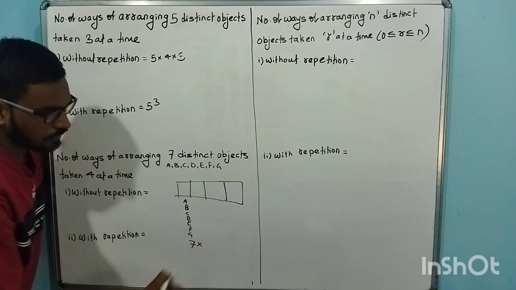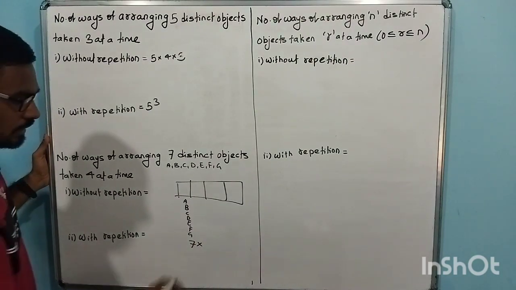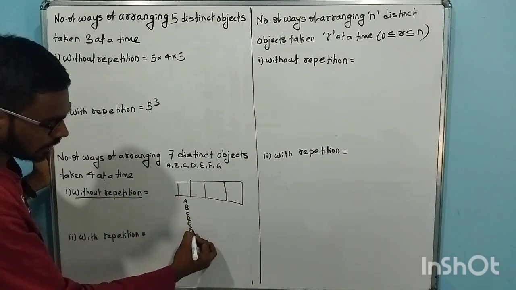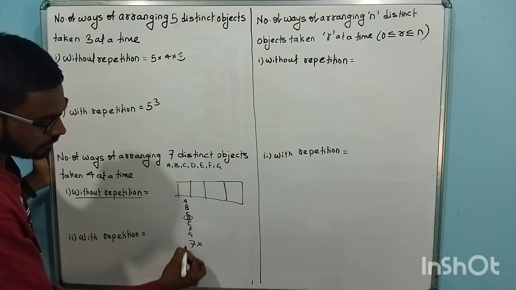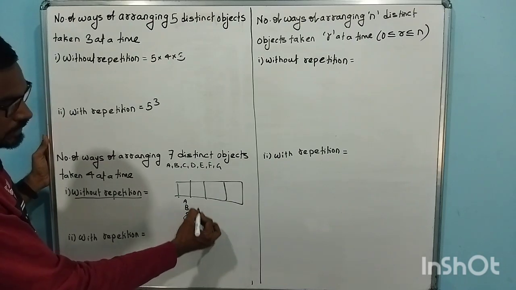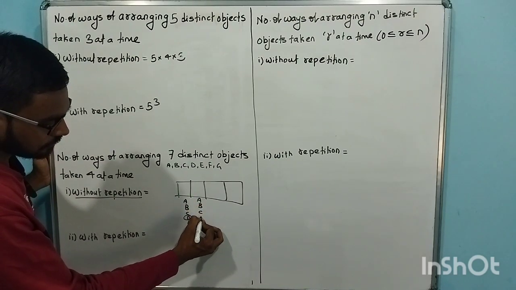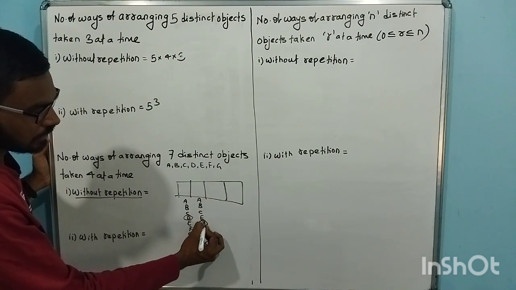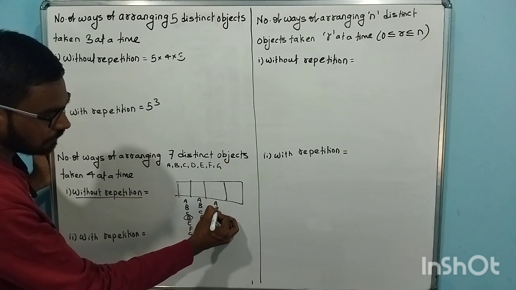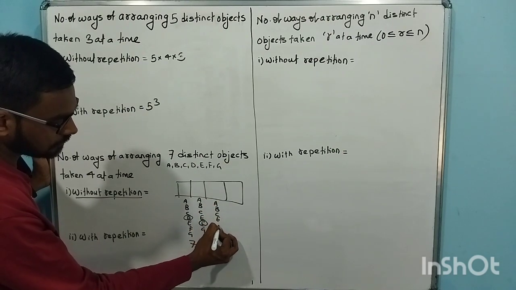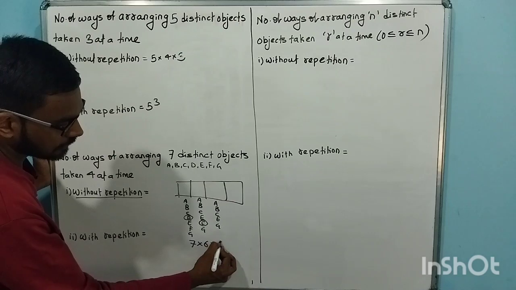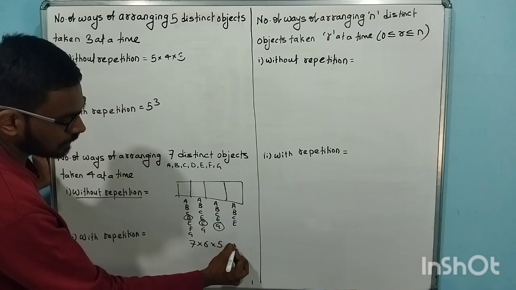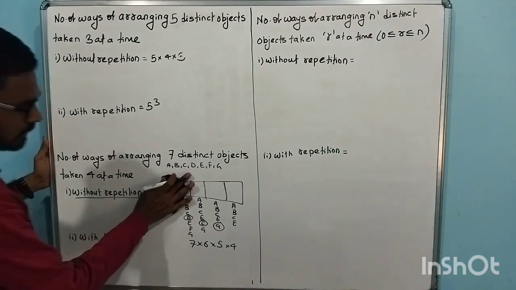For the second place, without repetition, if repetition is not allowed, we have 6 choices because if I select any one of these, we can't select that here. So we can select out of the remaining, so 6 choices. Now for the third place, we have 5 choices. And for the fourth place, we have 4 choices. So 7, 6, 5, 4.